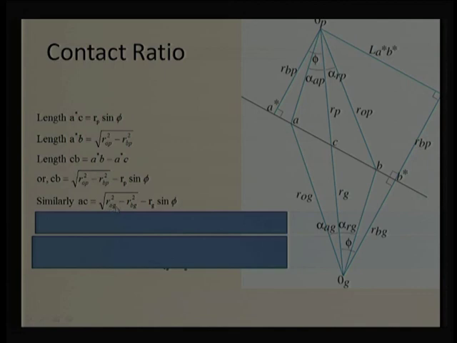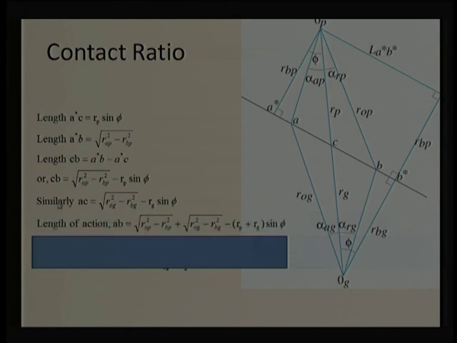So, ROG square minus RBG square, so both are the outer radius of the gear and the base radius of the gear, minus again the pitch radius into sine phi, assuming that there is the same pressure angle for both surfaces.